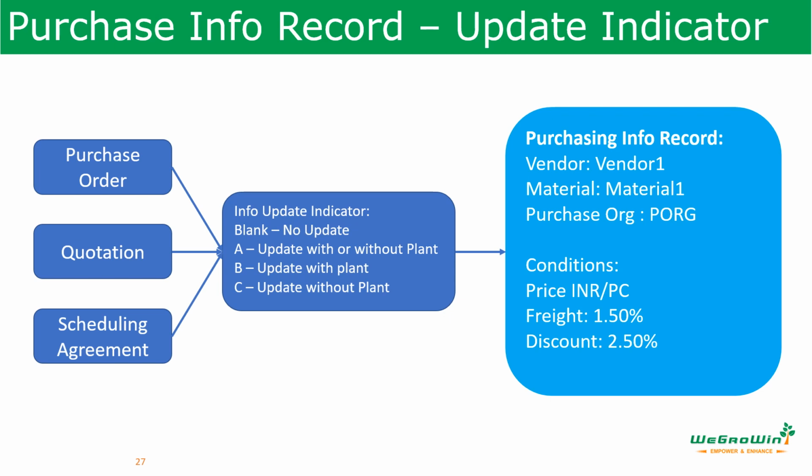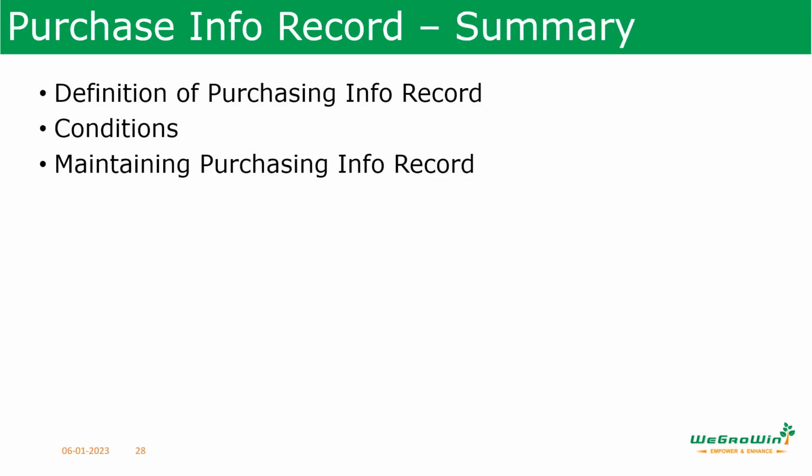By using all these, the purchasing info record can be created automatically. So far we discussed what the purchasing info record is, what the conditions are, and how to maintain the purchasing info record manually and copy from other documents.